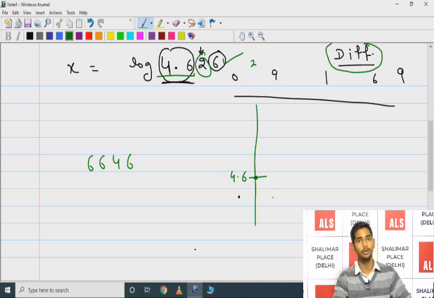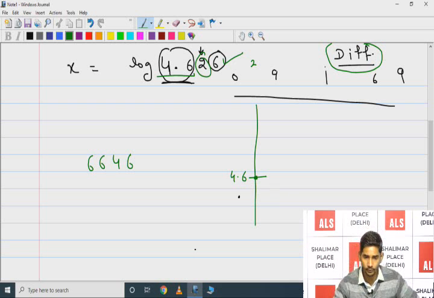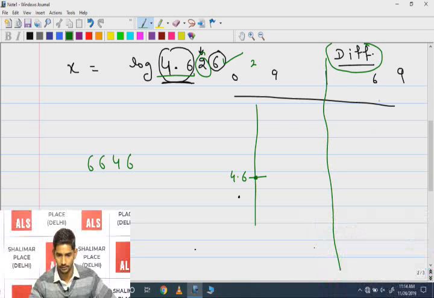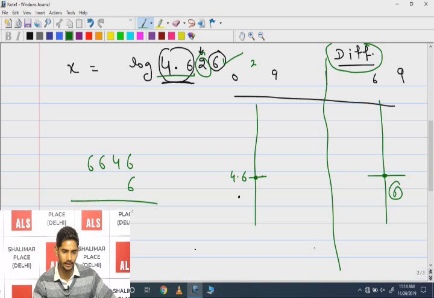I have told you that the log table is divided into 2 parts in the horizontal rows, from 0 to 9 and 1 to 9. So from 1 to 9, I'll check the 6. Look at this. So I'll check the value of 4, 6 at the 6 as well, and here there must be a digit. And as you told me that digit was 6, so what will I do? I'll simply add this digit here, and after adding this, on solving, I'll get this one. So this one will become my answer.